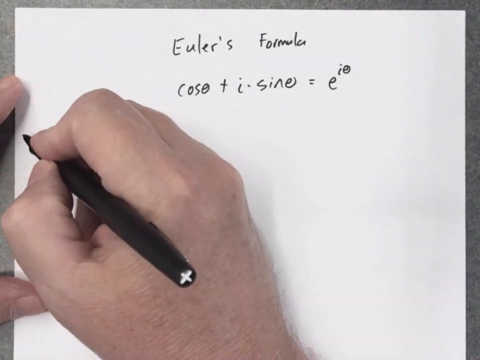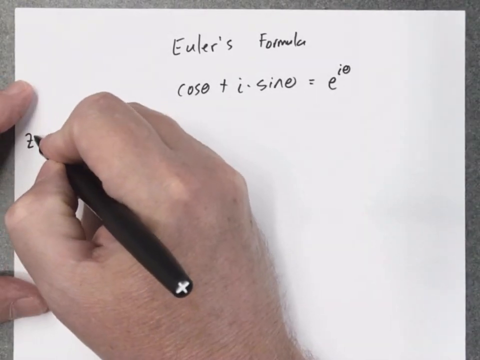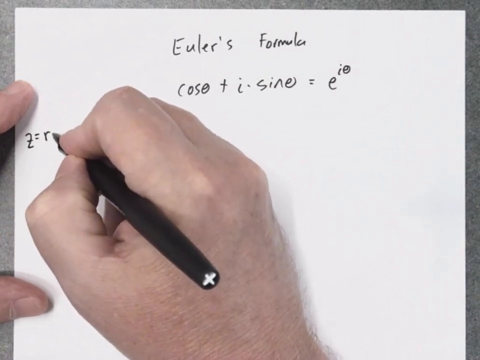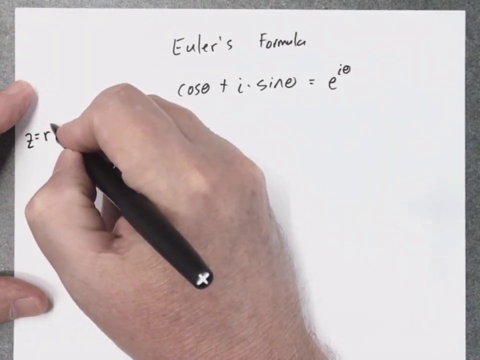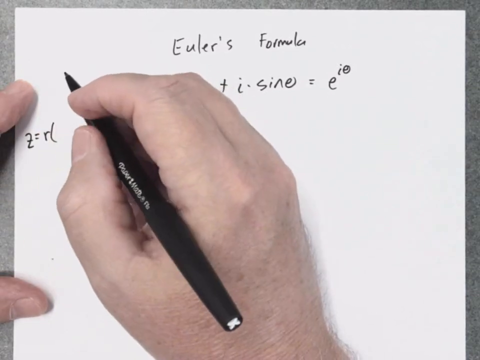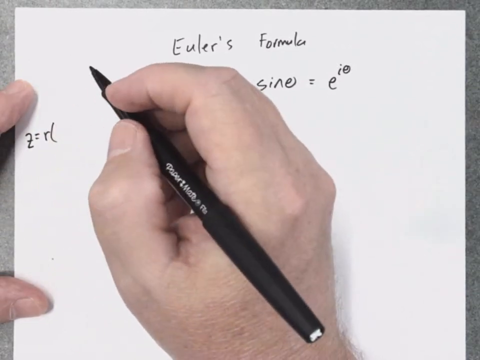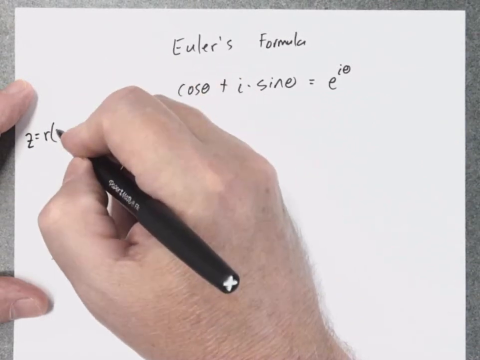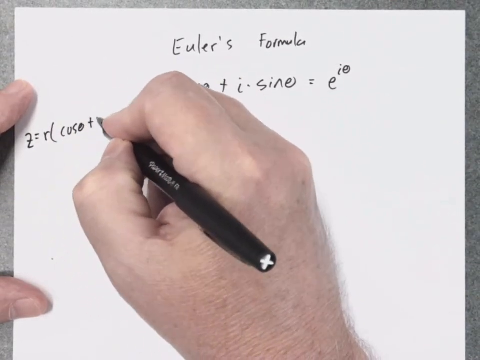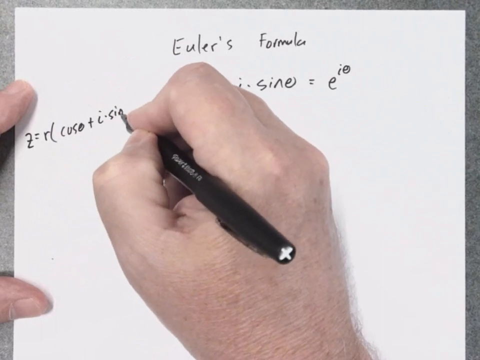Now if you look, a few minutes ago, we came up with the polar version of a complex number, and it was r times cosine of theta plus i times sine of theta.